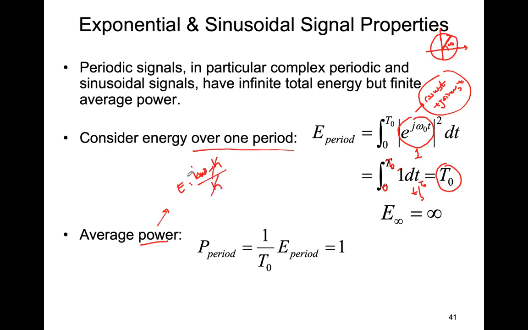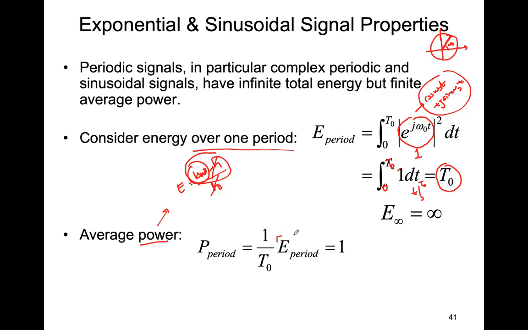Now hours will go away, and I will have average power. That's why I'm not saying average energy, but average power. This is the energy. If I divide by the amount of time that this signal was active, then I will only have average power.